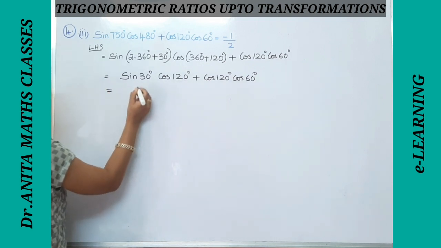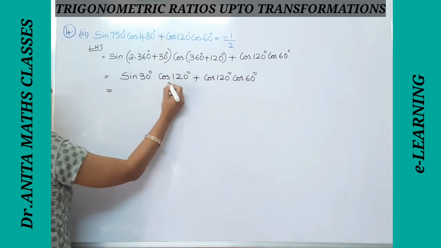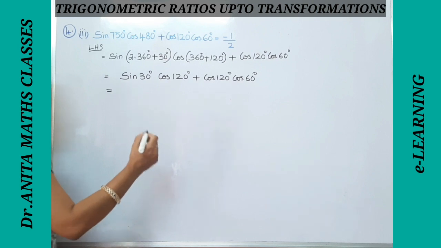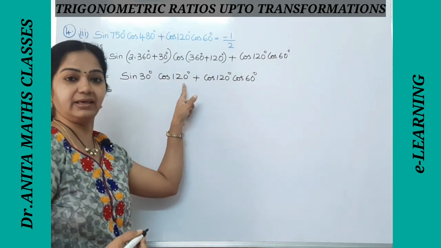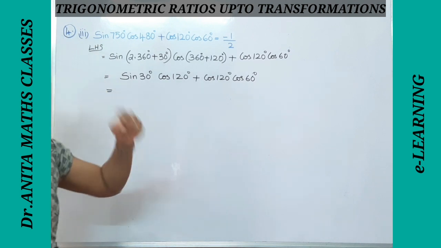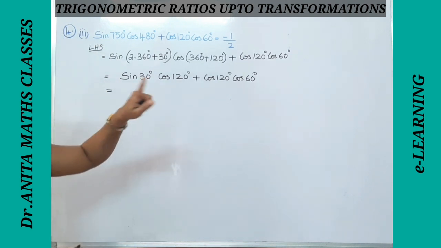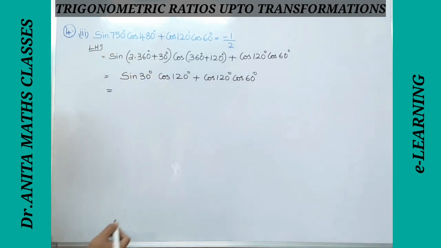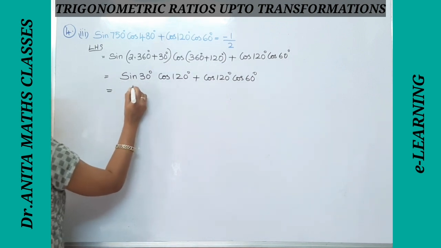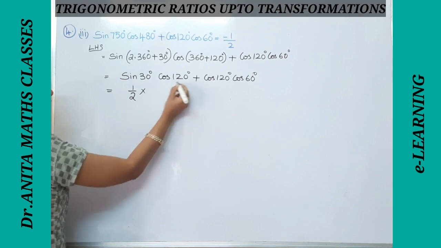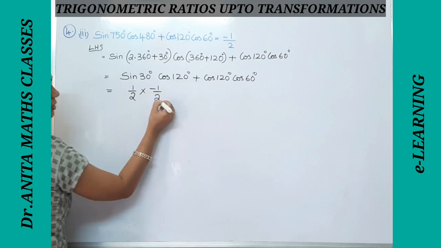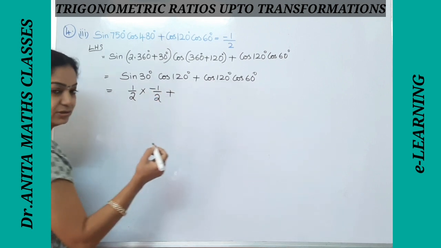If you take the values, 120 you can take as 90 plus 30, so cos of 90 plus 30 degrees is minus sin 30 degrees. Likewise also you can take. So sin 30 is half, and cos 120 degrees is minus half. These values you need to know.